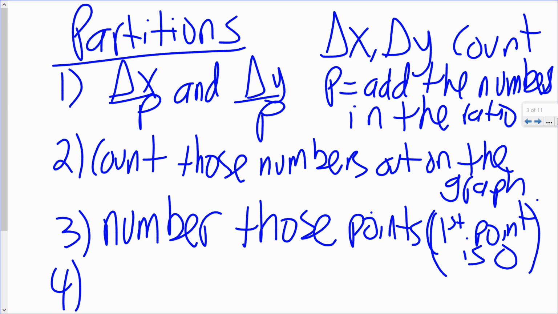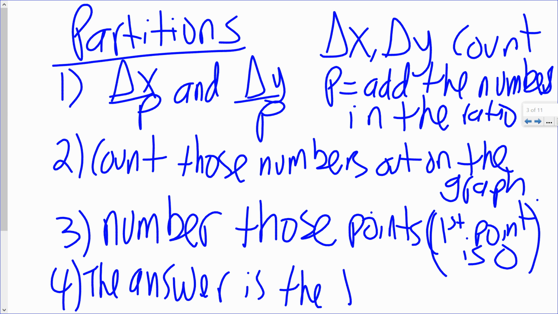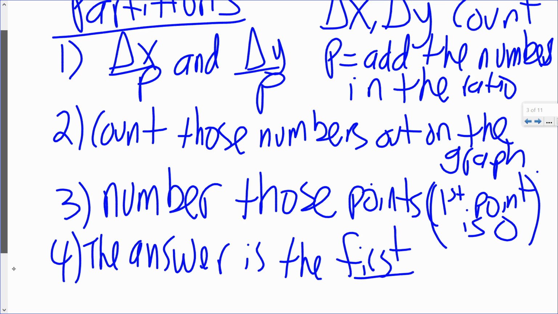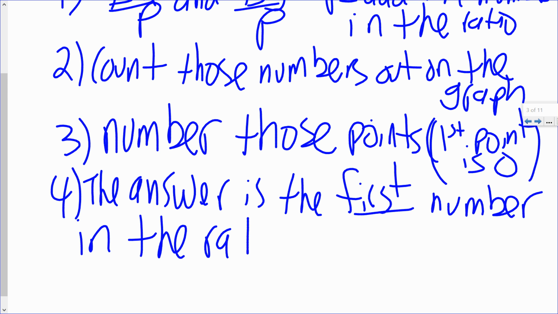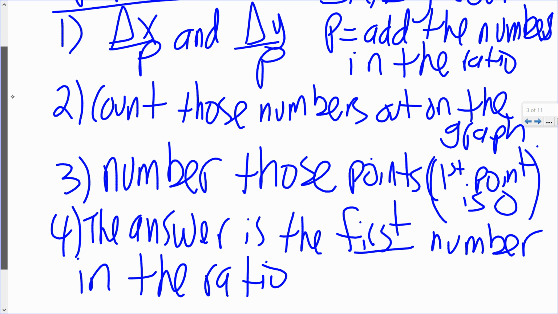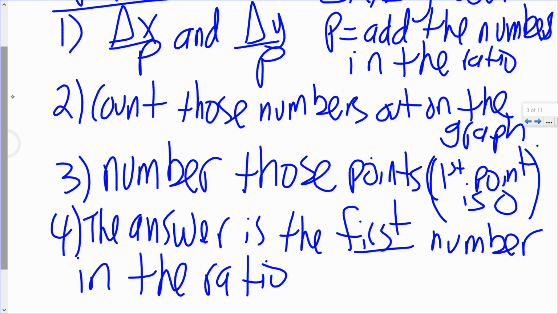And then the answer is the first number in the ratio. So, if you want to take a screenshot or whatever of that, it's a little cut off.